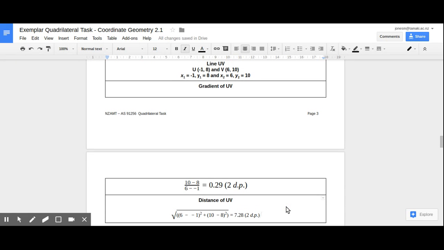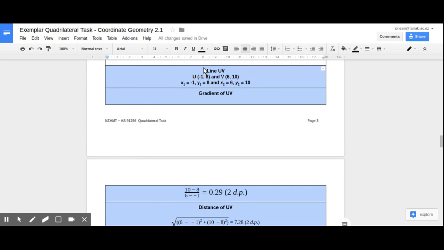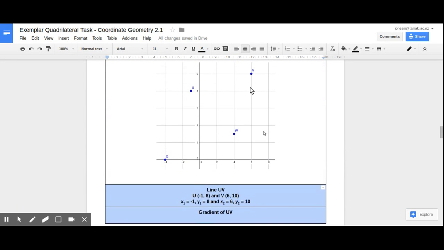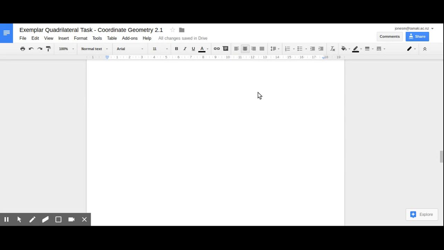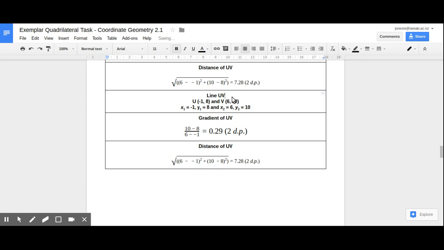Awesome, so we have our line UV, we have our gradient, and we have our distance. Right, now the next thing that we're going to do is the line VW. So what we could do, tab another line down, and I'm just going to change this to VW.